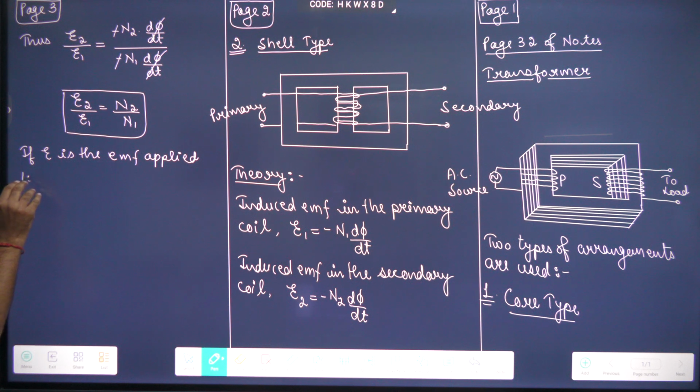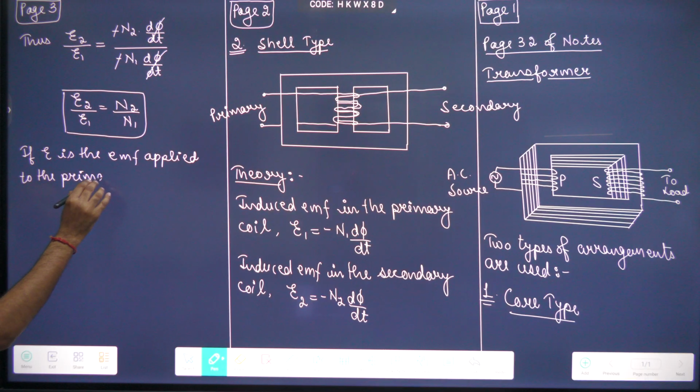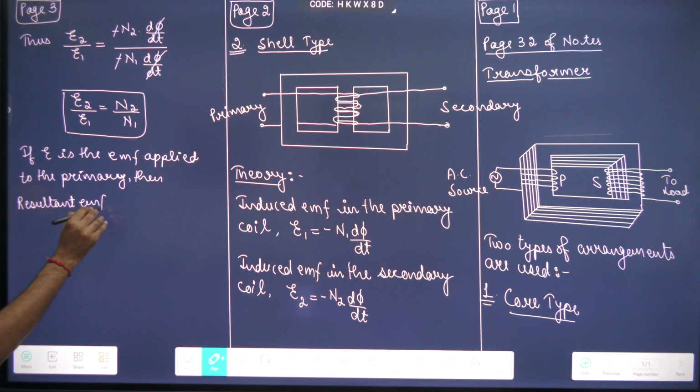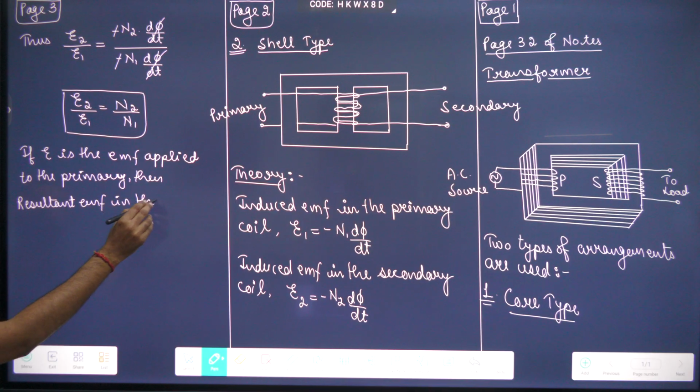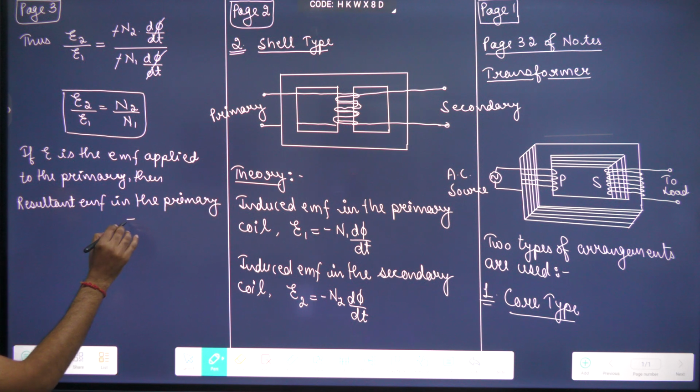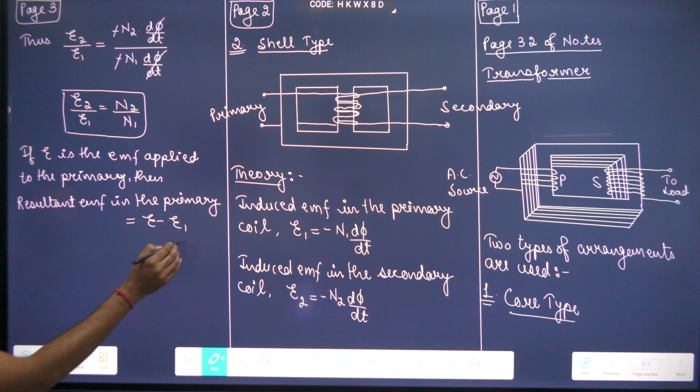E is the EMF applied to the primary, then the resultant EMF in the primary is equal to E minus E1.